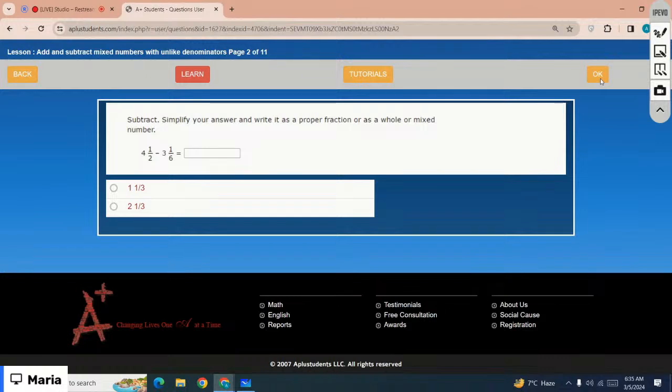Yes, the correct option is 1 whole 1 over 3. Option number 1 is the correct option.